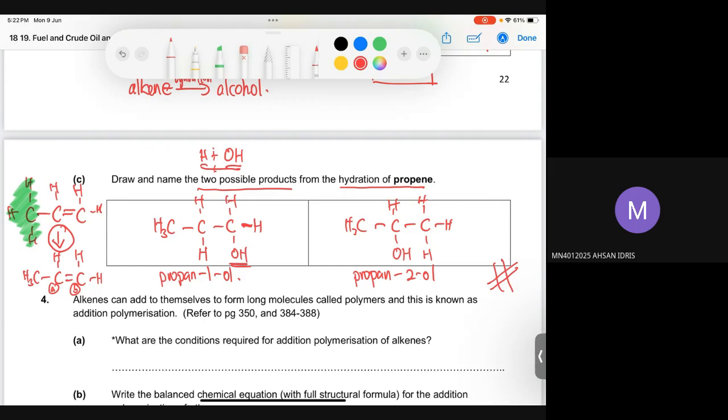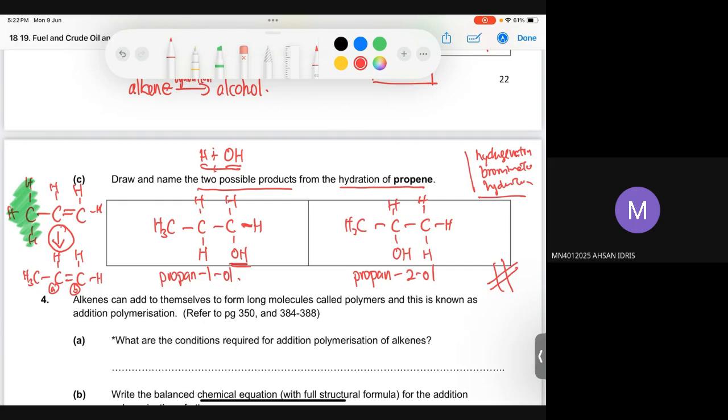So what we have done is we have done hydrogenation. We have done bromination. We have done hydration. Okay? So get used to these three different reactions of alkenes. You realize that when we say alkane is unreactive, there is only one substitution reaction. Then when we say now alkene is not unreactive, it means it's reactive, right? You realize this whole addition reaction has so many different types of reactions happening.